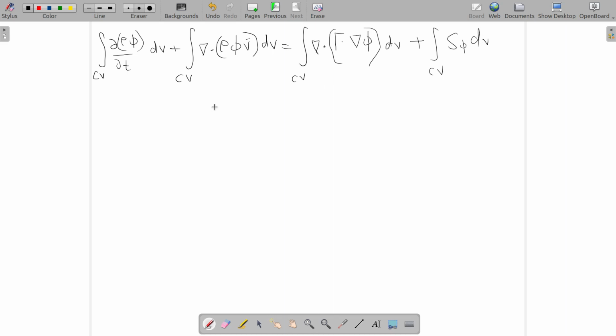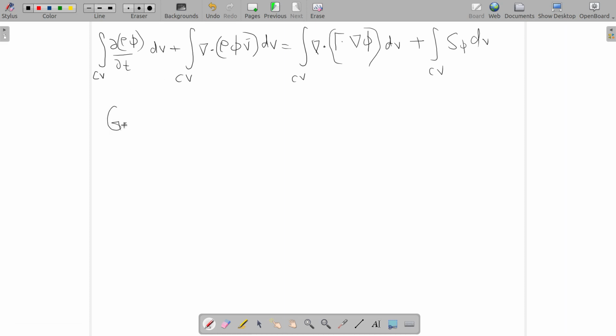Now we will use the divergence theorem to make a change in this integration. This is actually again a key step, this integration process, and using Gauss divergence theorem to change a few terms is one of the most important and a key step in finite volume method and CFD.